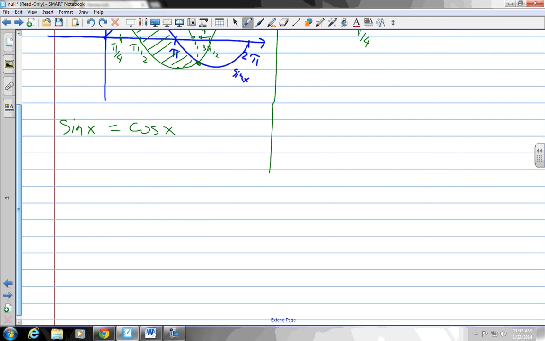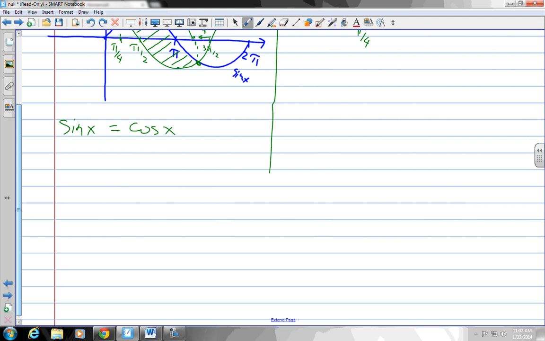Yeah, you can do it on the unit circle. How would you do it algebraically? Yeah, but you're always going to refer to a unit circle. You're looking at pi over 4, symmetry, 5 pi over 4.